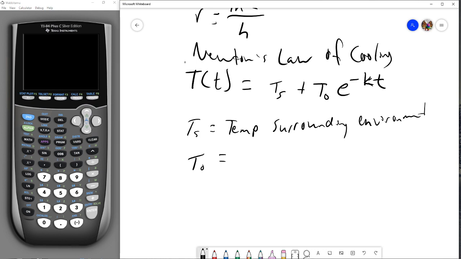So if you had a nice hot turkey, it would be the initial temp of your turkey, or whatever it is, but you have to subtract T subscript S from it, so that's a little tricky. So if your turkey was 200 degrees, T naught is not 200, but whatever your 200 minus your room temperature. So that's important clarification.